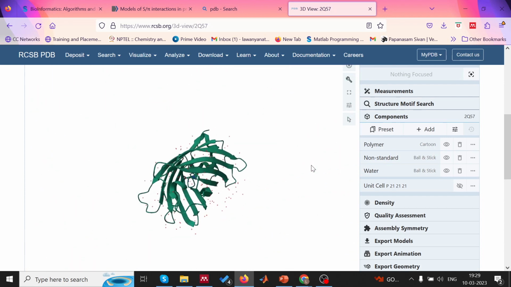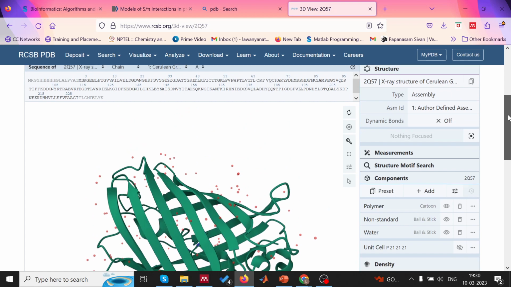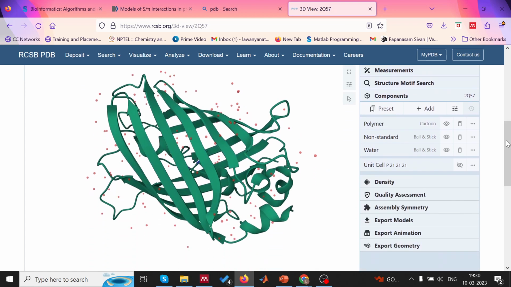You can zoom in, zoom out, orient, and again, like eyeball, you can remove water. When I click this, it's hidden. Again, I click it, I can see, right? And if I click on this, you can see there's a molecule in the middle.